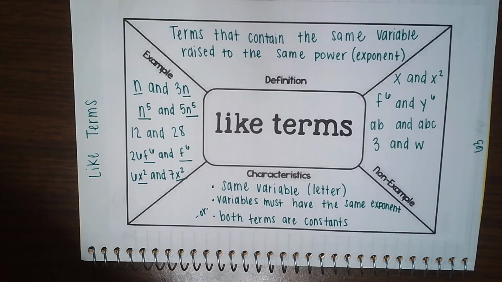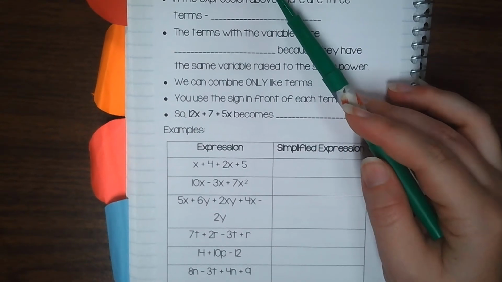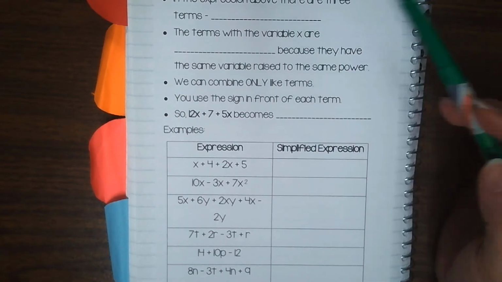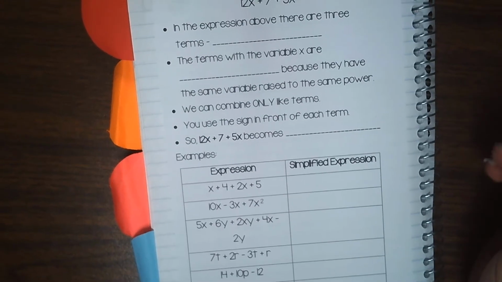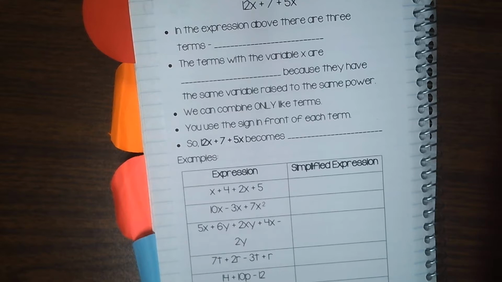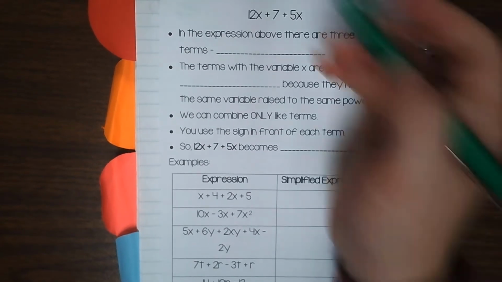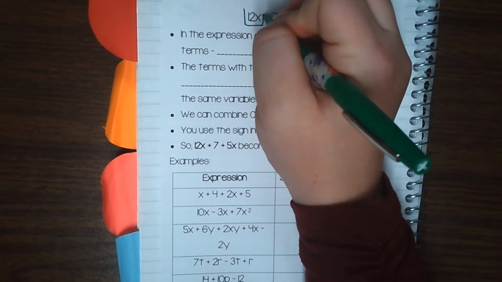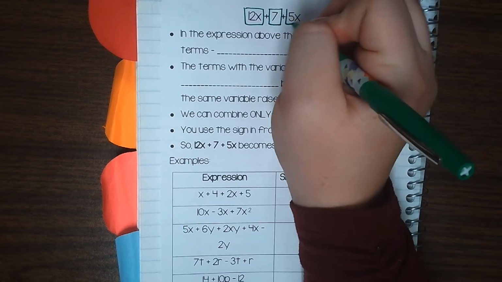Okay, let's look at some examples on the next page. The next page says, in the expression above, so 12x plus 7 plus 5x, there are 3 terms. Okay, remember last week we talked about terms are separated by plus, minus, or equal sign. So we've got a term here, a term here, and a term here.